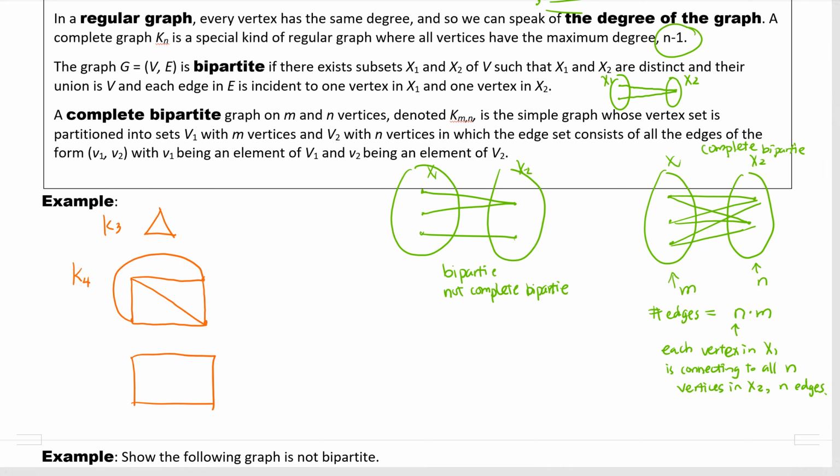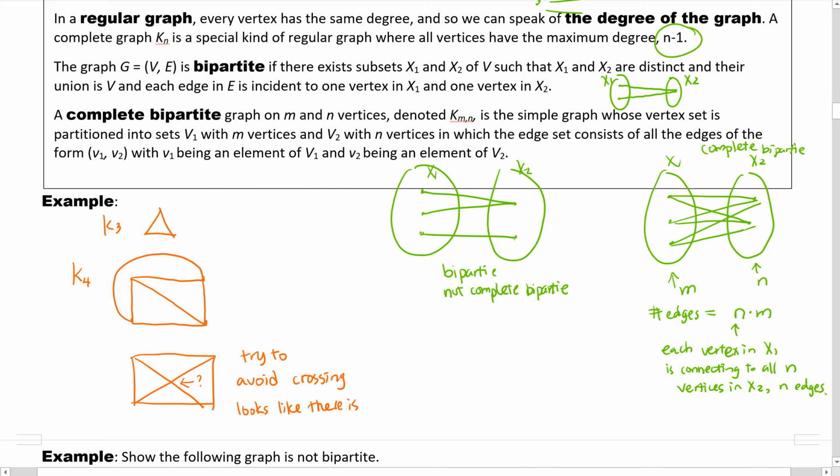If there is a way to avoid crossing, please avoid crossing, because otherwise it looks like there is a vertex in the middle.